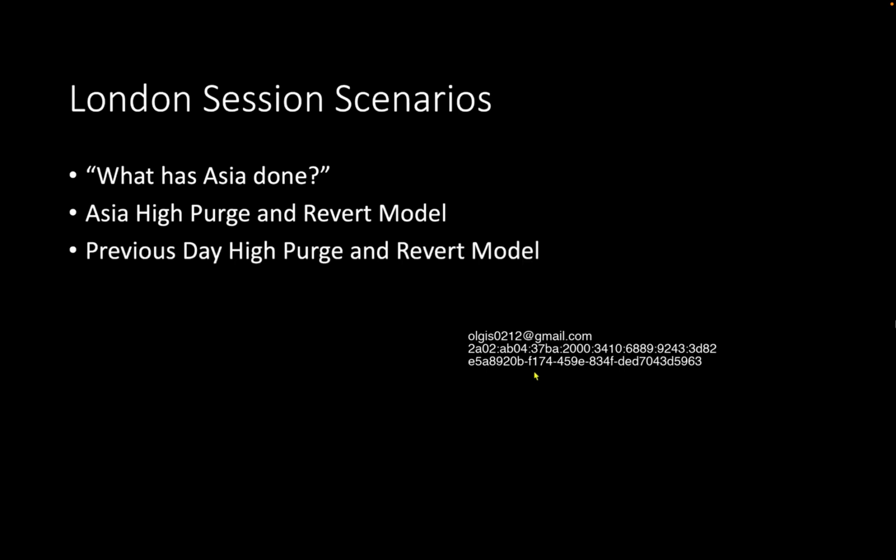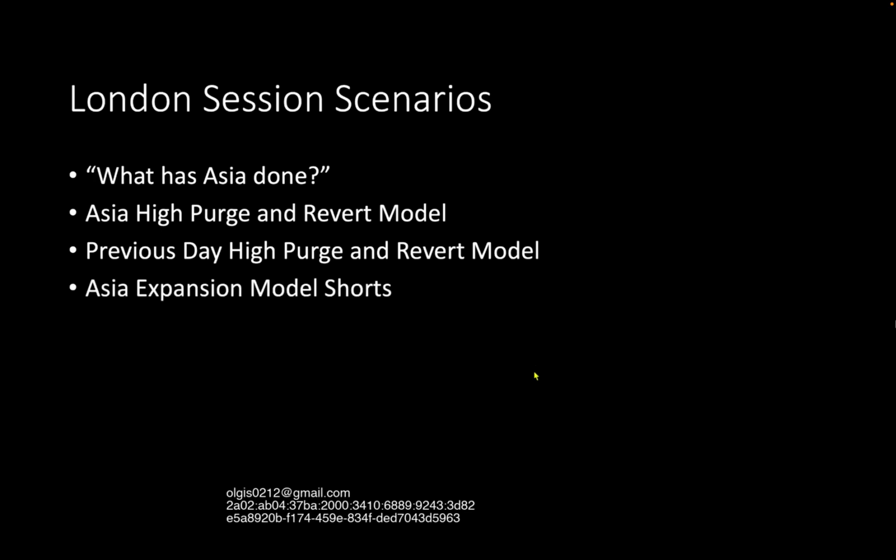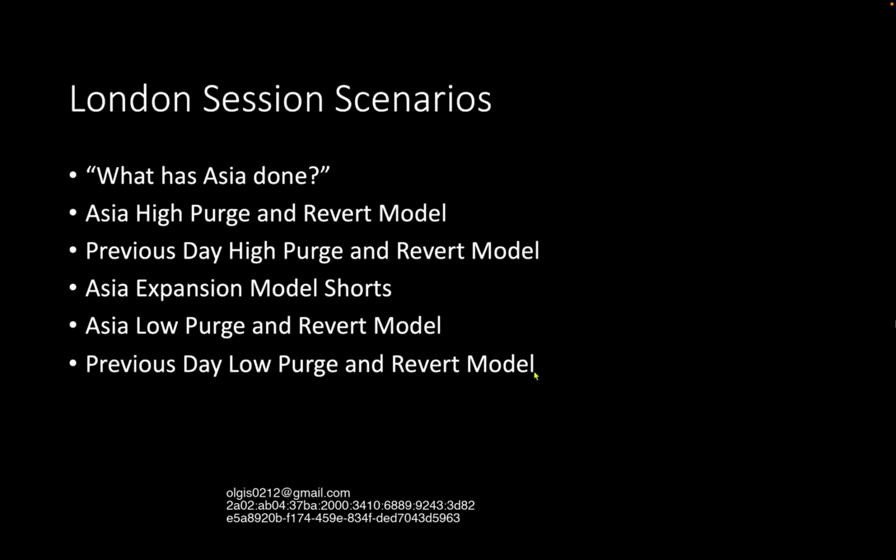After that, we will take a look at the previous day high, purge and revert model. Then we will discuss the Asia expansion model for shorts. Then we will take a look at the Asia low, purge and revert model. After that, we will take a look at the previous day low, purge and revert model. And then finally, we will take a look at the Asia expansion model for longs.